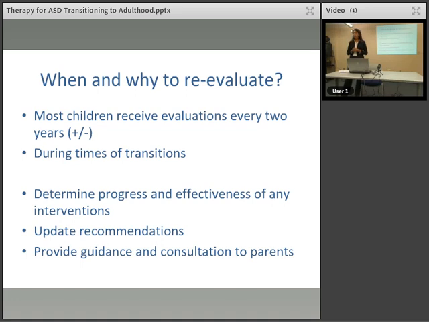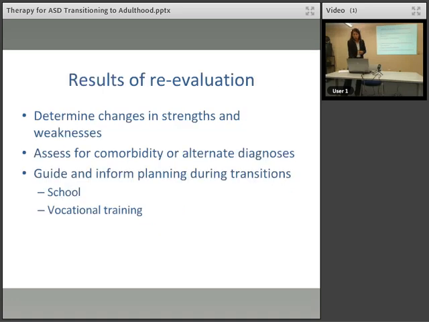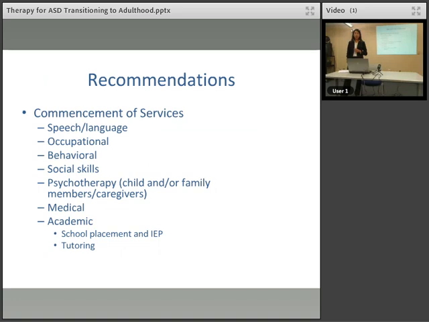It also allows a clinician to determine how effective a particular intervention has been and to update the recommendations, as well as to provide guidance and consultation to parents. With specific regard to recommendations, more along the lines of commencement of services and continuation of services, we're looking to really fine-tune what an individual might need or benefit from at a given point, and within the different services that they're receiving, how best to really guide the intervention.